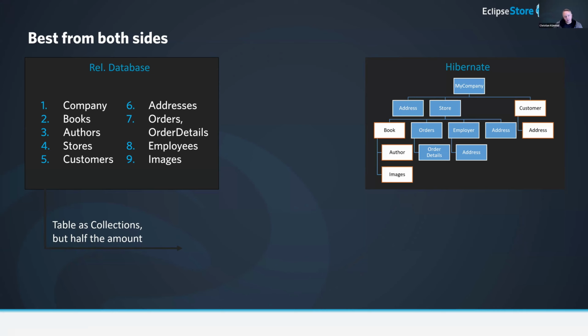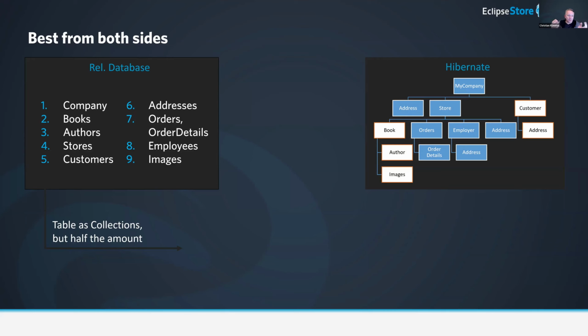That could be possible, that there is an additional collection with all the addresses within your object graph, but this is only if it's needed for your business needs. So let's say you want to show a list of all addresses, for example, and you don't want to collect all the different addresses as sub-items from a company, from books, from authors, and so on.